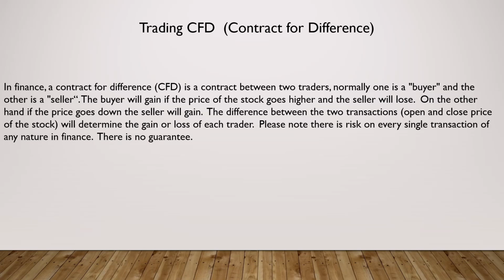And why we call it contract for difference? Because the entry price versus the exit price is the difference. And if it goes in your direction, obviously you've sold at a higher price than when you entered the market when you bought, and that difference is your profit. And we call it a contract between two people, and the difference is the profit or loss.